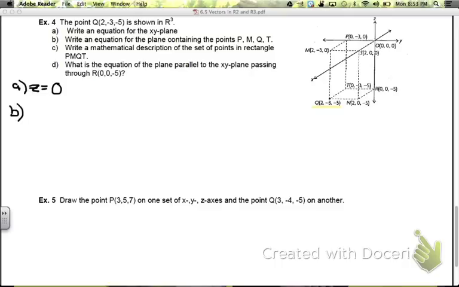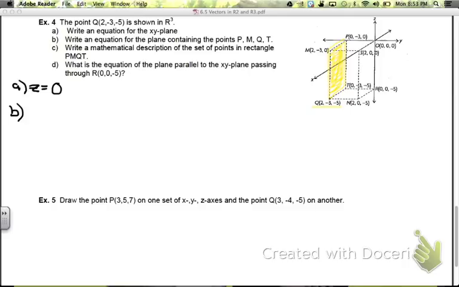Now B, we want to write an equation for the plane containing the points P, M, Q, T. So let's look at that plane. P, M, Q, T. So this here is our plane. When talking about this plane, we need to look at what is in common. So look at our x values.